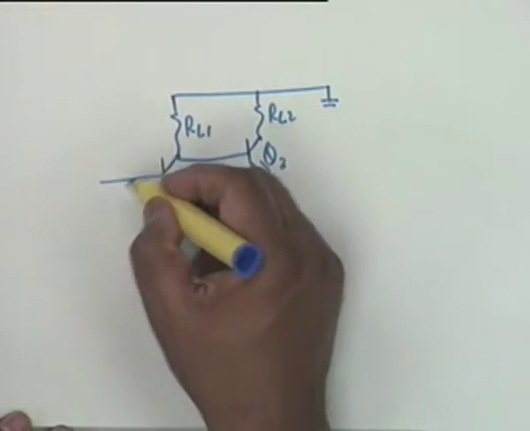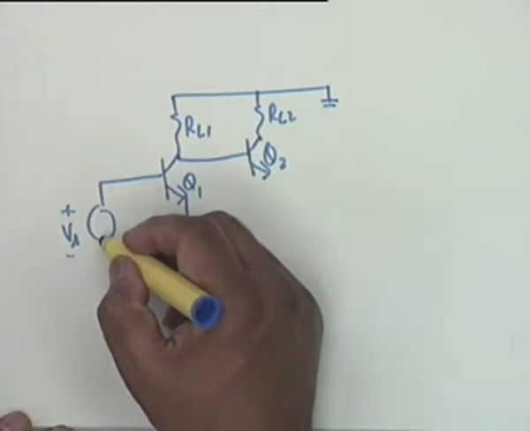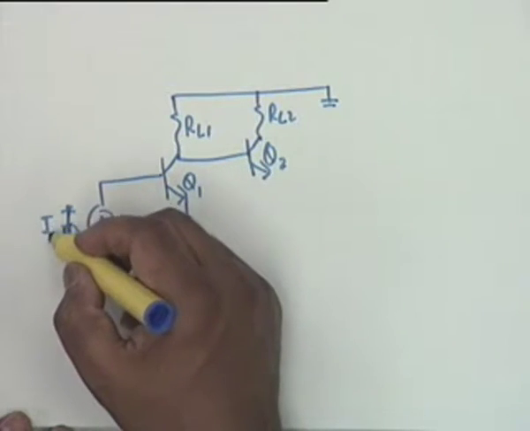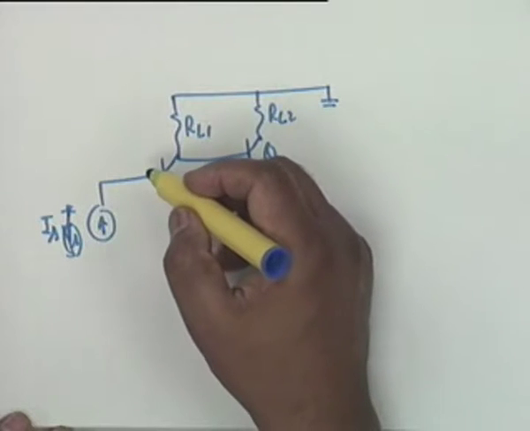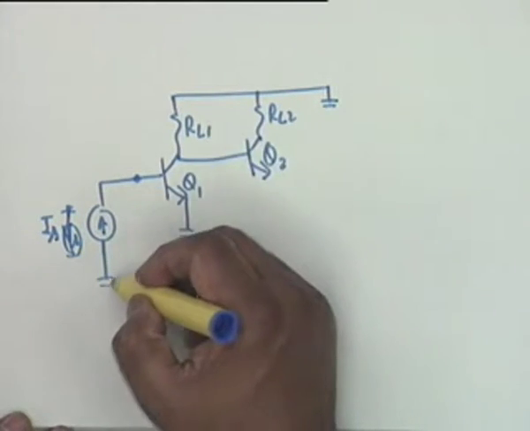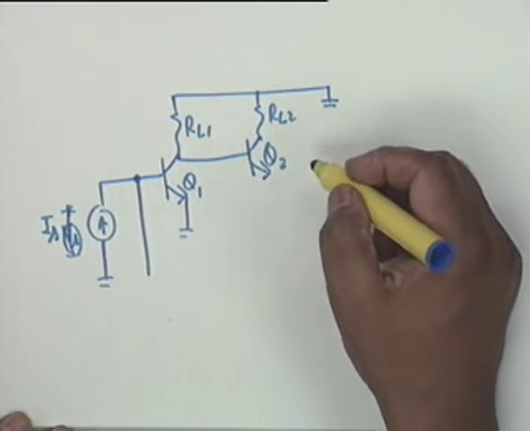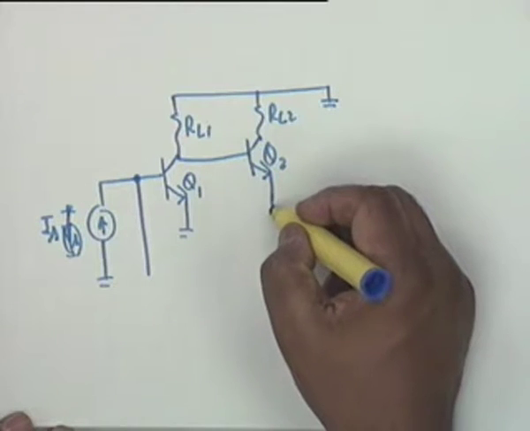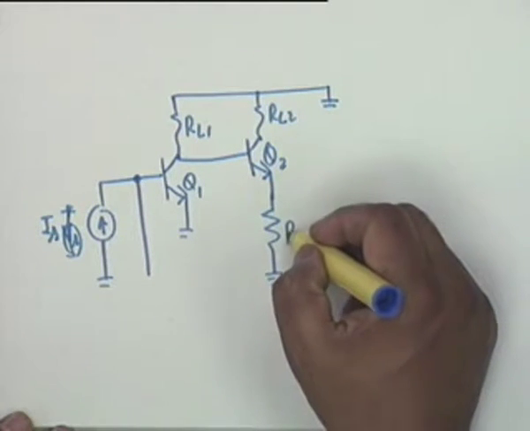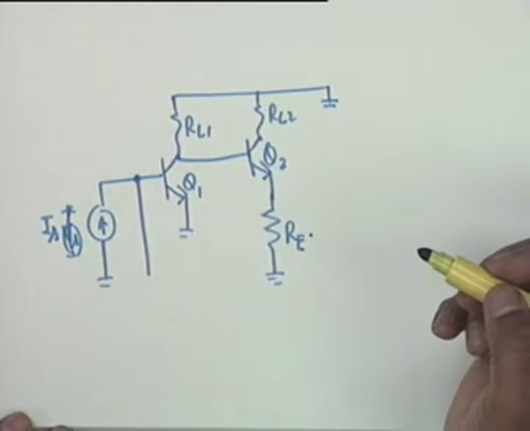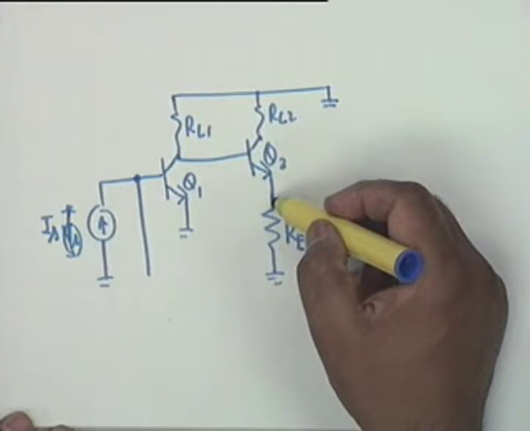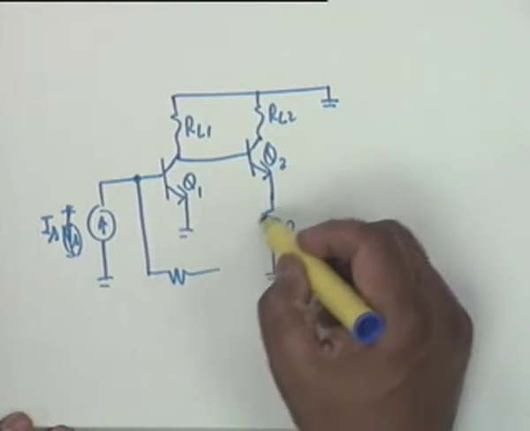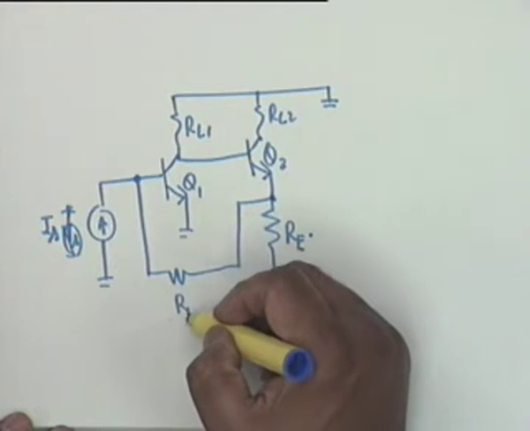It's a shunt series, and therefore if the source is here, the source now should be a current source I sub S. The shunt connection will be from here, and the output connection is series, and therefore I should take a voltage across an unbypassed emitter resistance RE. The voltage across this will be proportional to the load current. That is how it is series, and the feedback is through a resistance R sub F.